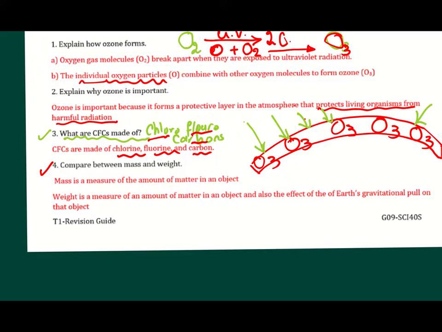Question 4. Compare mass and weight. Mass is a measure of the amount of matter in an object, while weight is the amount of matter and also the effect of Earth's gravitational pull. Remember that the unit of mass is kilogram, while the unit of weight is Newton, which is a unit of force.